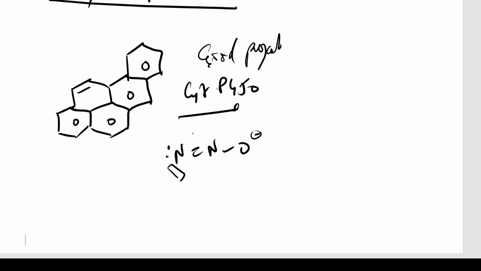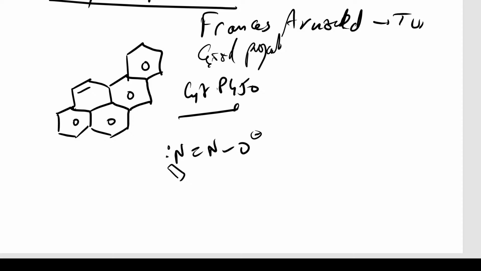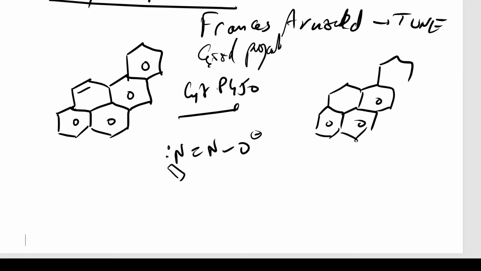You form a nitrene, and maybe you can have a look at Frances Arnold's work if you want to tune. So you get this product. Okay, then you can open the epoxide with the amine, for example.